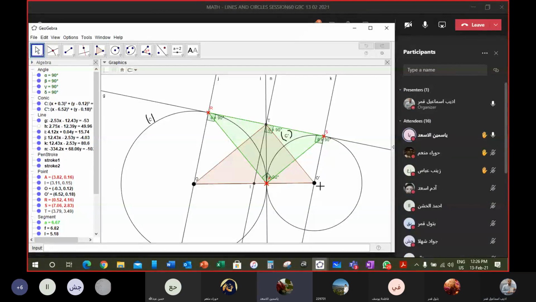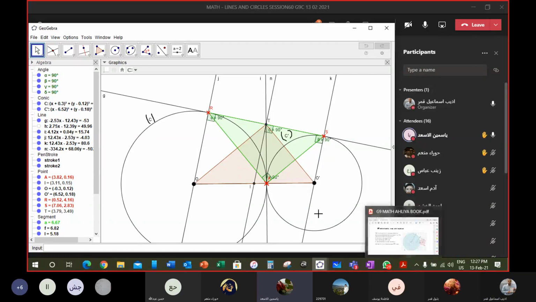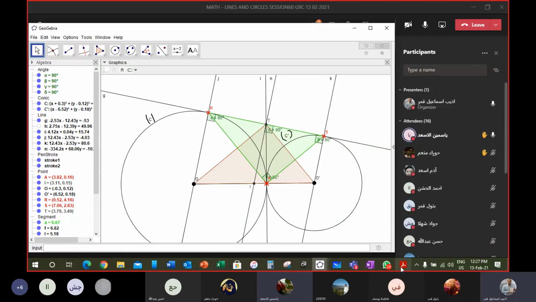Okay. And IT equal OO prime over 2. Then the triangle OTO prime is right at T. And median relative to hypotenuse is half of the hypotenuse. Converse property of the median relative to hypotenuse.